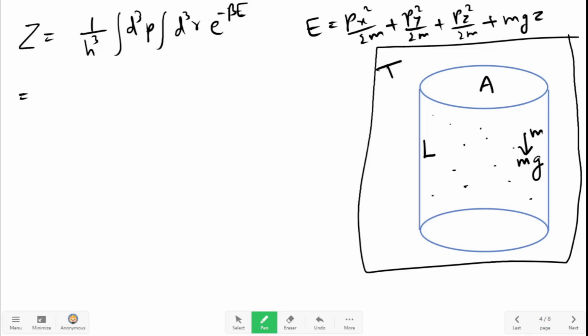So Z is equal to 1 by h cube. d cube p is dpx dpy dpz. So we have the integral dpx e raised to minus beta px square upon 2m, from 0 to infinity. We are separating each integral with respect to x, y and z.